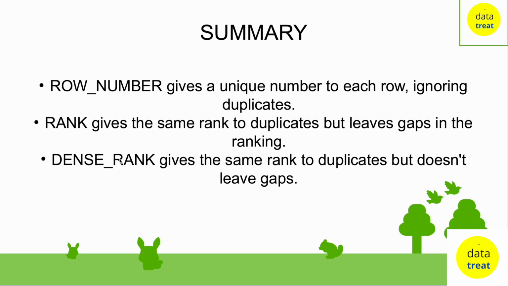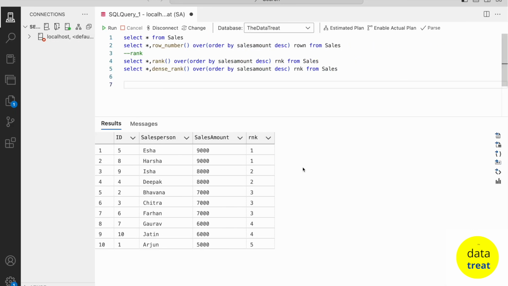And finally dense rank will also give the same rank to duplicates, but it doesn't leave a gap. If the last rank was 2, it will start again with 3. If the last rank was 3, it will start with 4. So that's how row number, rank, and dense rank work.